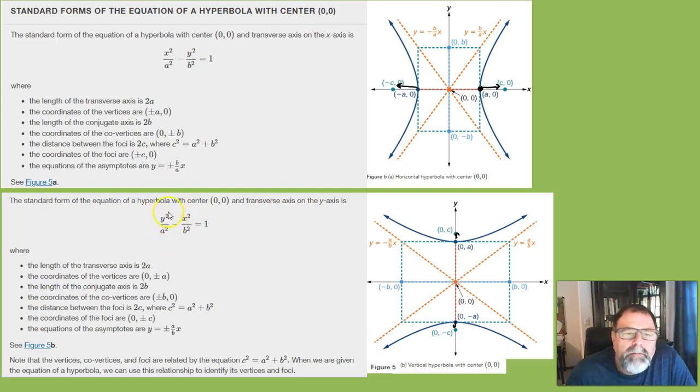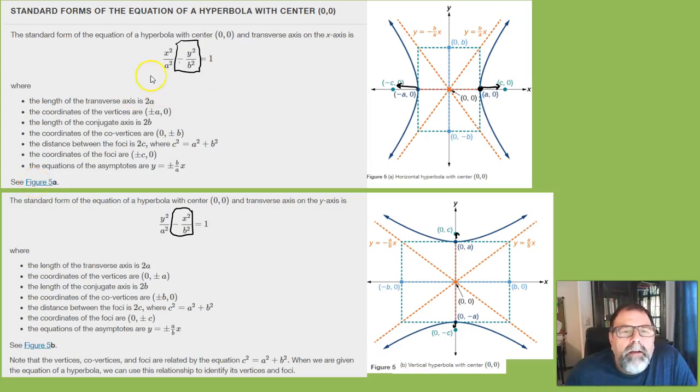Here we've got y squared and then we're subtracting x squared. Technically x squared is positive, but I'm viewing it as a term with a negative sign, because of the minus sign there. So if the positive term is x, it opens in the x direction. If the positive term is y, it opens in the y direction. That's the way I look at it.